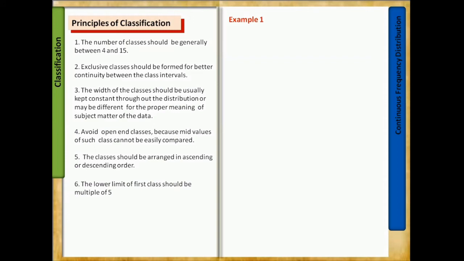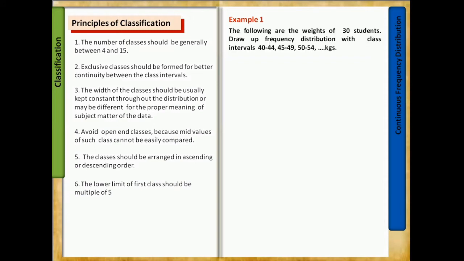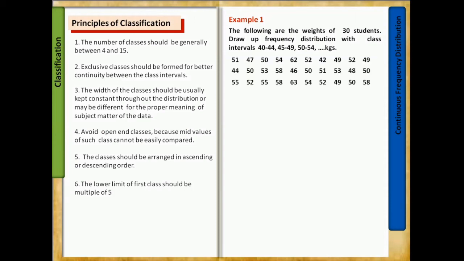Example 1. The following are the weights of 30 students. Draw up a frequency distribution with class intervals 40 to 44, 45 to 49, 50 to 54 and so on. Here we can observe class intervals are already specified in the problem.